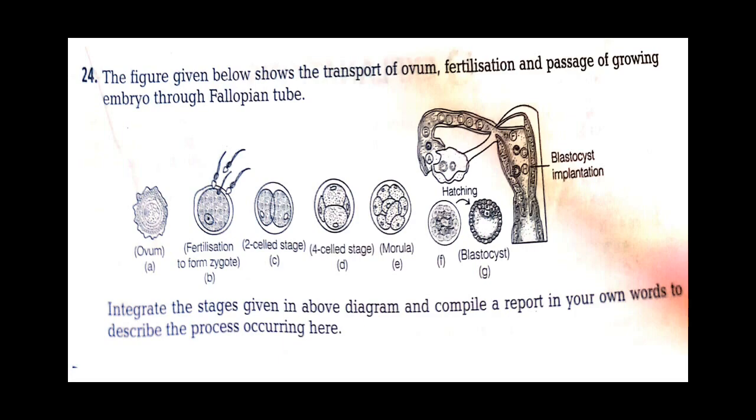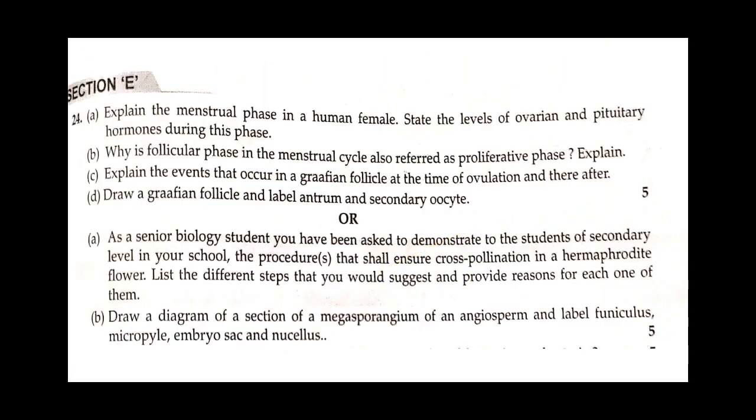Okay. Clear? Now next one is: explain the menstrual phase in the human female and state the level of ovarian and pituitary hormones during this phase. So first you will write what the menstrual phase is, and then you will write the level of the ovarian and the pituitary hormones during this phase.